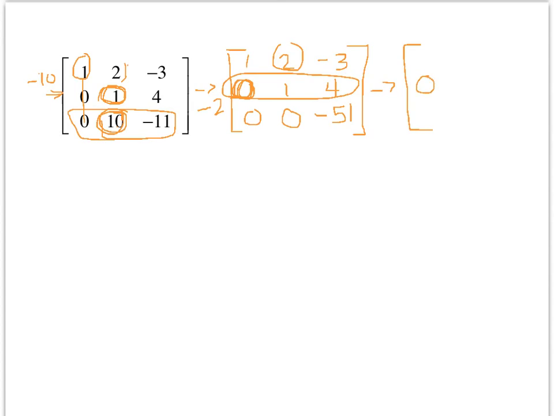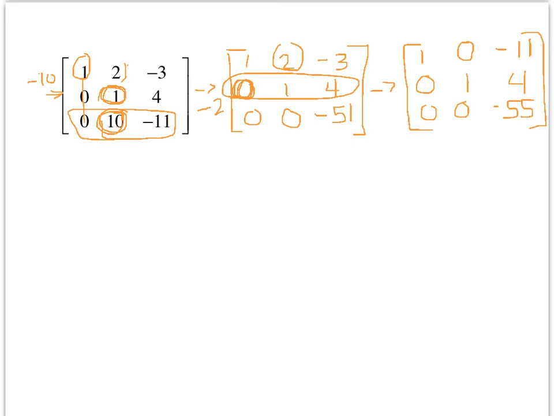My last row is going to stay the same. So 1 times negative 2 is negative 2, plus 2 is 0. 4 times negative 2 is negative 8, plus a negative 3 is negative 11.